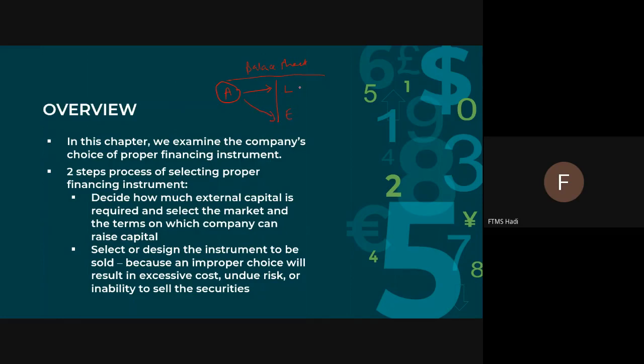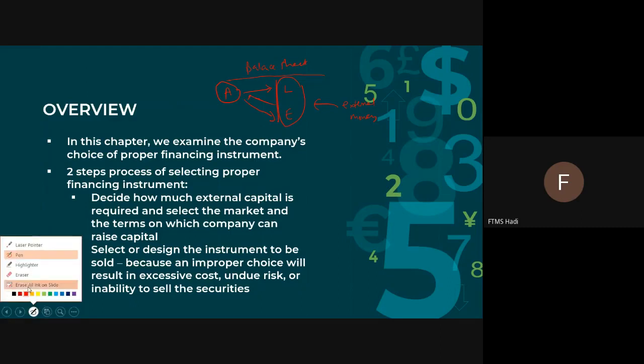Liability and equity are external money, and the money is used to purchase assets. That is how the company usually works.